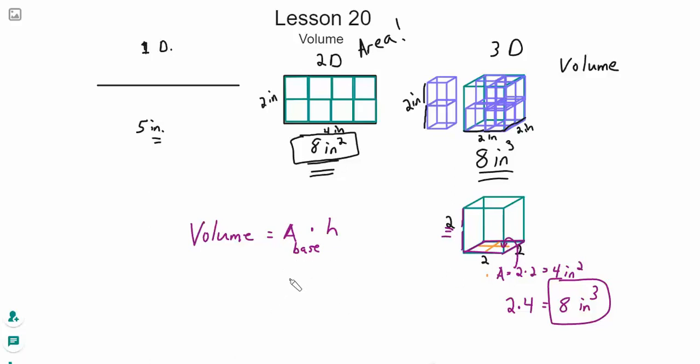All right, now the only time this would not work, and I want to make sure you understand this, is if we had something that was maybe, let's see if I can draw something here. I'll have to draw it freehand. Let's say it's something like a pyramid.